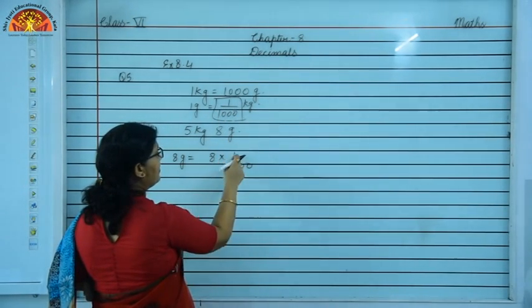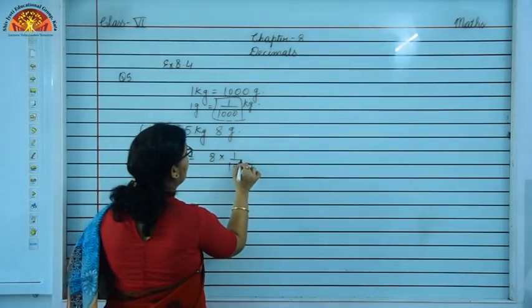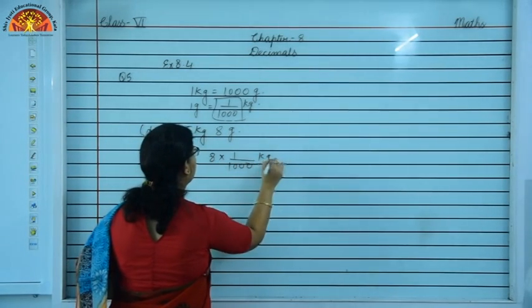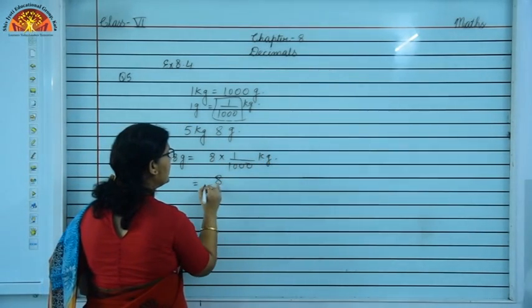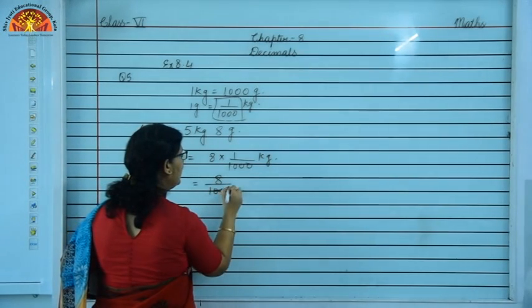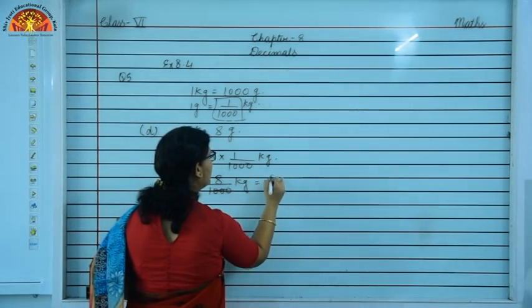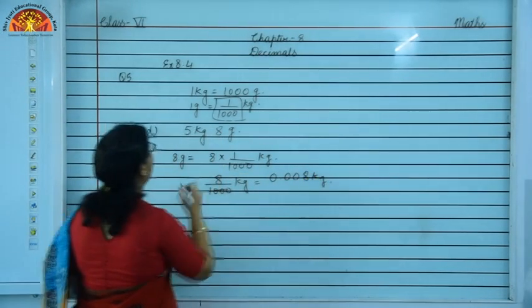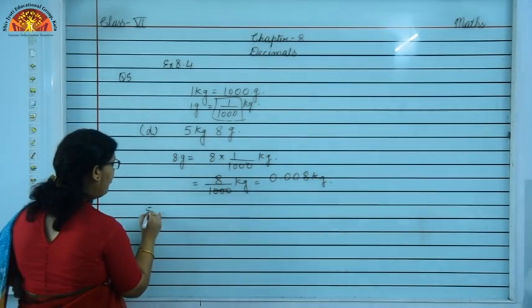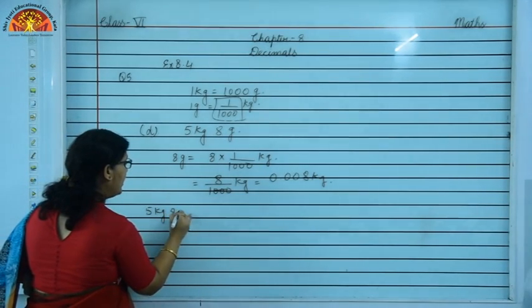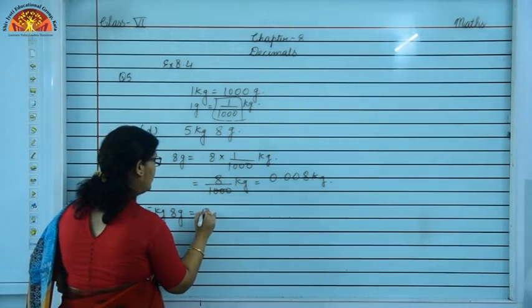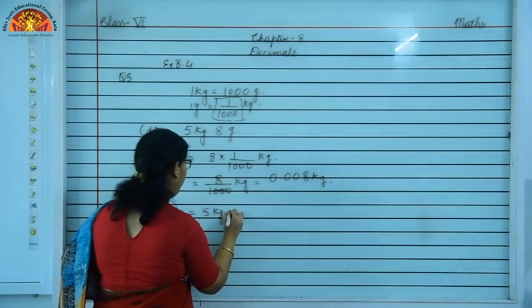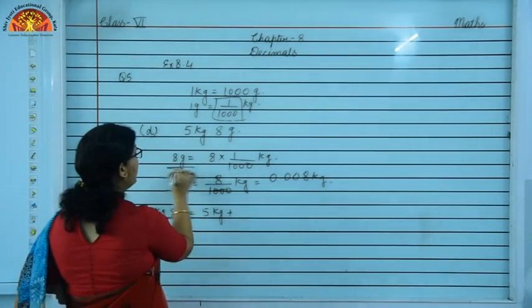So 8 is multiplied by 1 upon 1000 kilograms. So it is equals to 8 upon 1000 kilogram. It is equals to 0.008 kilogram.